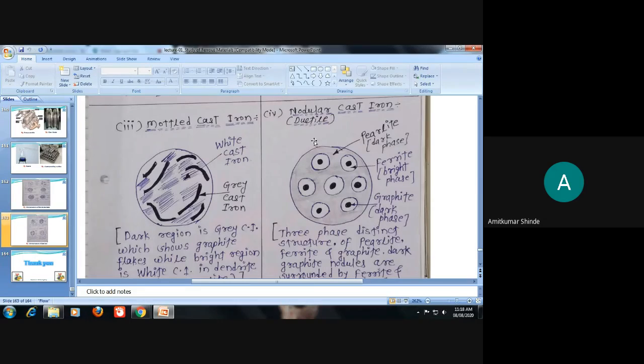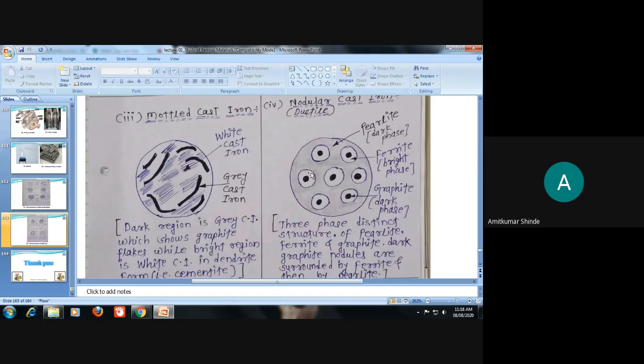Then the last microstructure is nodular cast iron, or ductile cast iron. This is the ductile cast iron. In the center, spherical nodule-shaped graphite is present. The dark round center is termed graphite. Carbon is present in the form of graphite, in nodular or spherical shape.